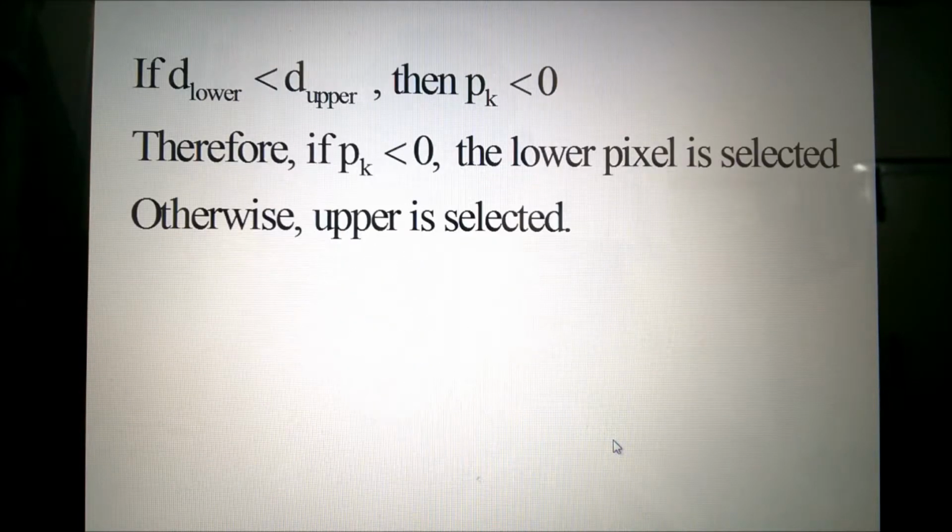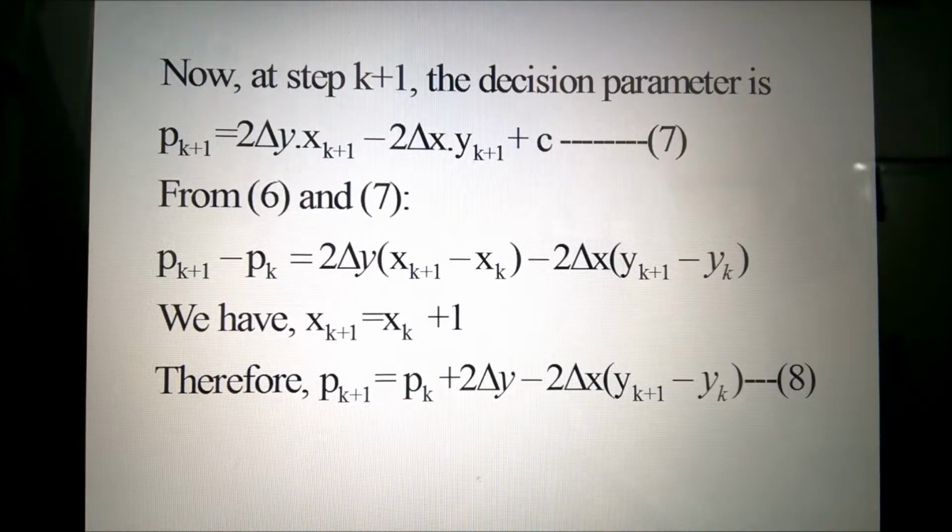Next, you can see if the lower pixel is at a lower distance from the line, in that case pk will become negative. From the equation you can see pk will become negative. Therefore if pk is negative, the lower pixel is selected, otherwise the upper pixel will be selected.